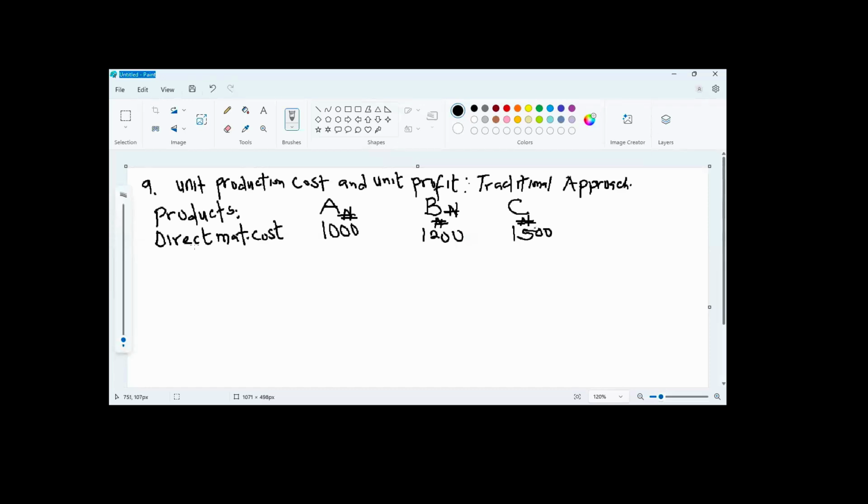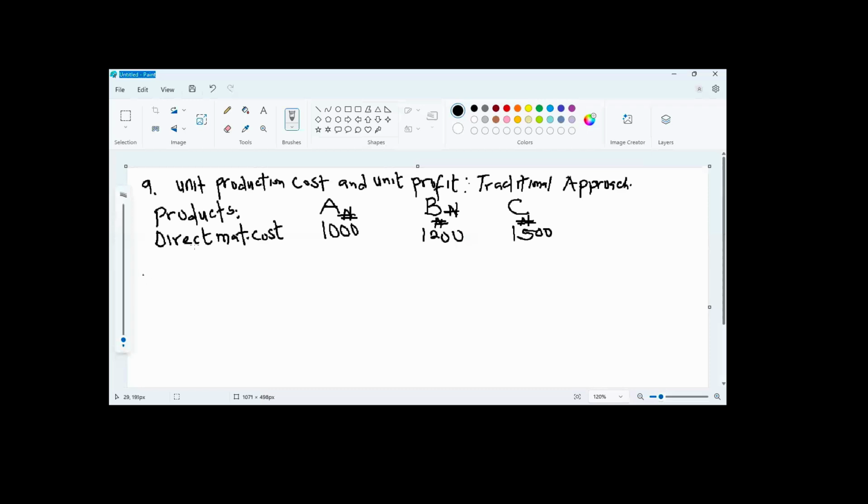This is what we call allocation, because this cost can be traced to individual products. You can see it's direct material cost incurred in respect of product A, allocated directly to product A. Material cost incurred in respect of product B, allocated to product B. Material cost incurred in respect of product C, allocated to product C.